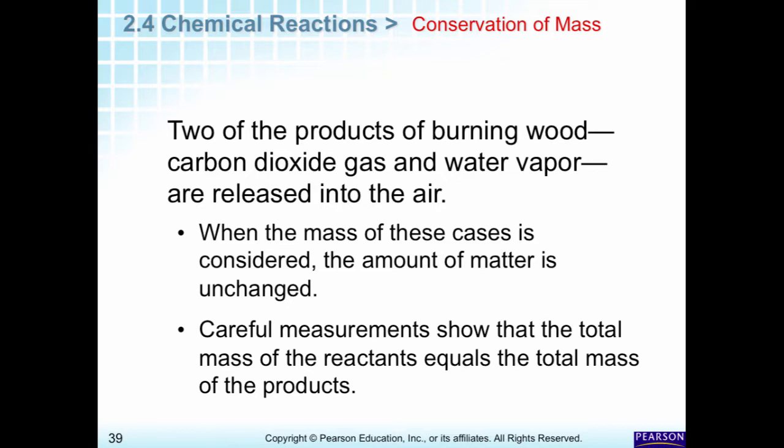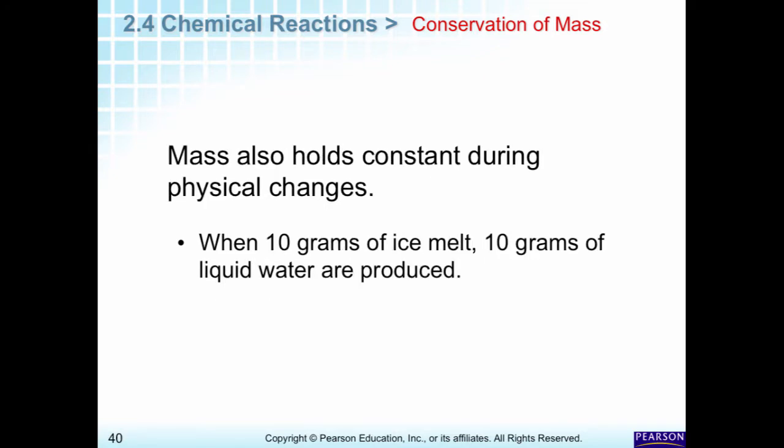Okay, so this summarizes what I just said. Okay, however, this is not just for chemical reactions. If you have 10 grams of ice and you melt it, you'll have 10 grams of water. It just doesn't go away. It's conserved.